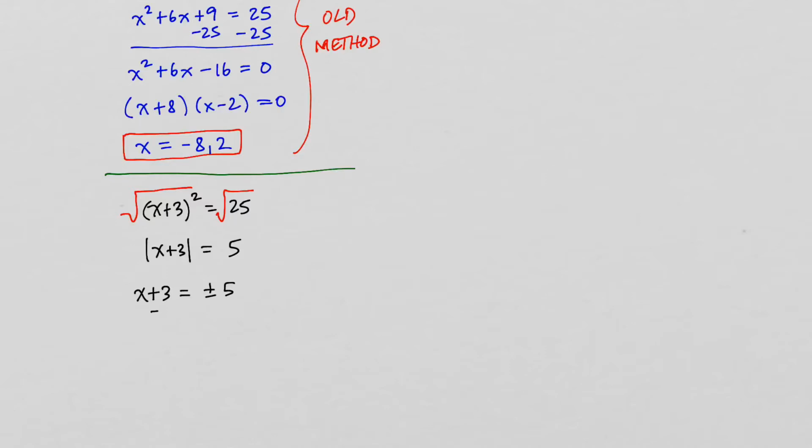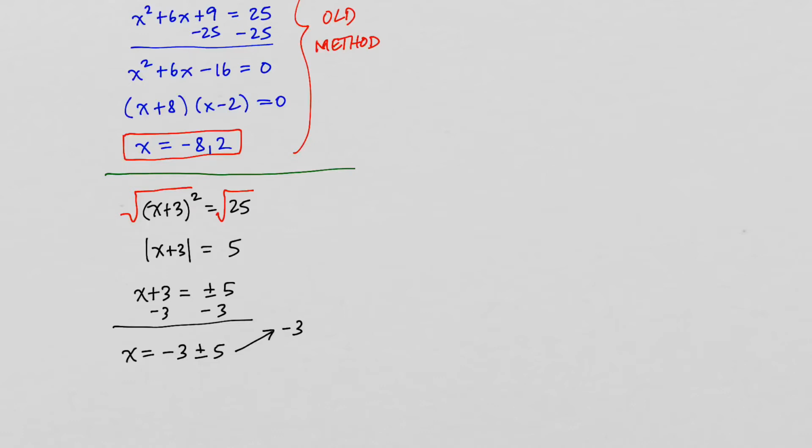And then from here, we can subtract 3 from both sides. Now, when you subtract 3, you have to be careful that you do not combine these numbers together. Instead, I'm going to say this is negative 3 plus or minus 5, which means we have two answers.